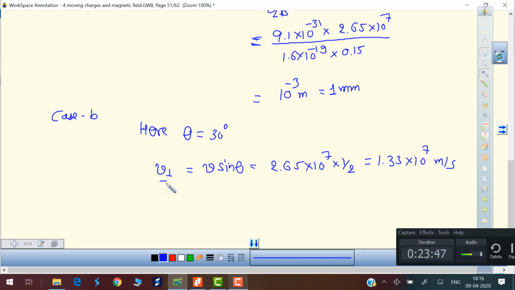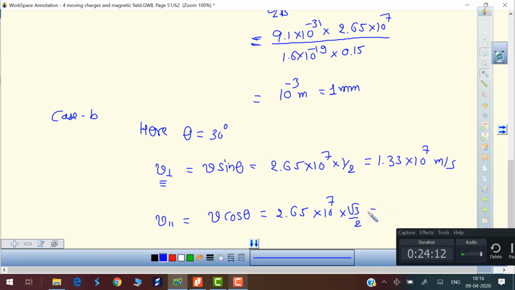So this will determine the radius. And what is the V parallel? V cos theta. 2.65 into 10 raised to 7 into root 3 by 2, since cos 30 is equal to root 3 by 2.